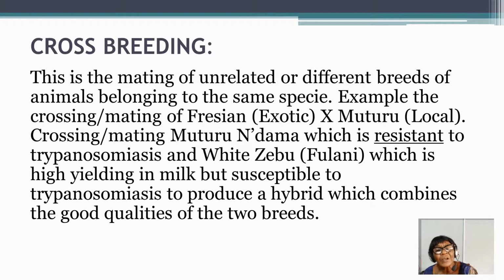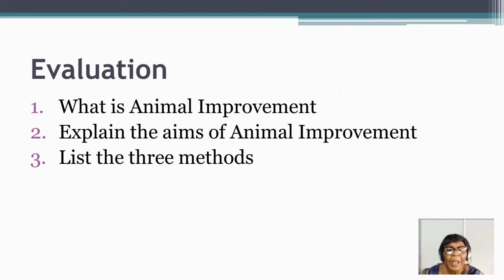So when you mate it with the N'dama, it will produce an offspring that will produce enough milk and at the same time be resistant to trypanosomiasis, which is being resistant to tsetse fly. So this offspring, this new cattle that will be produced, will be better than the local one and then the foreign one.